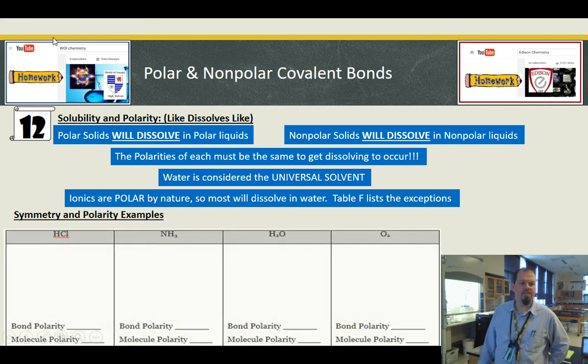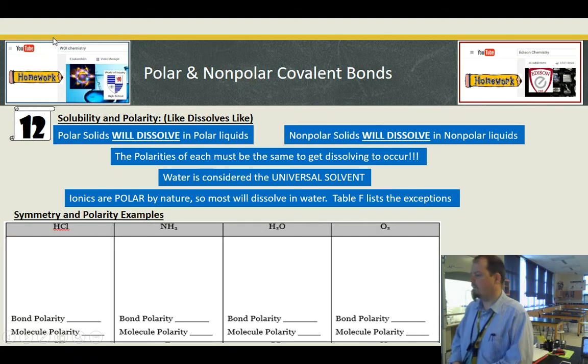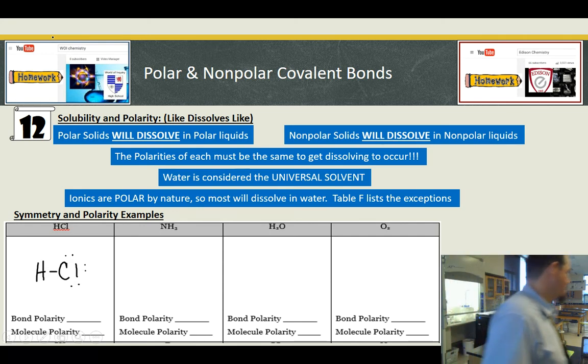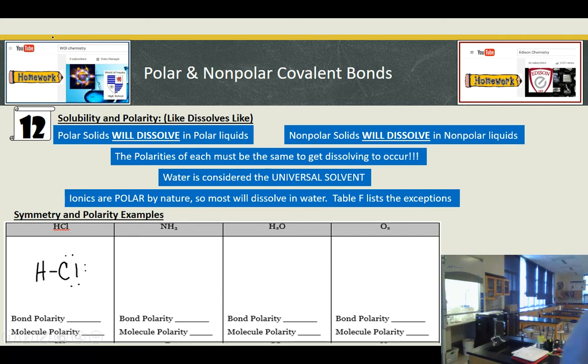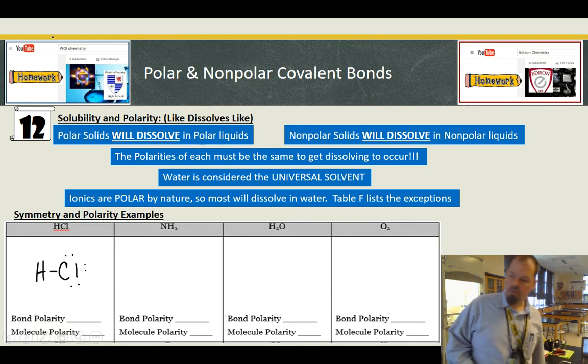Symmetry and polarity examples. Let's draw some and figure out what's going on with bond polarity and molecular polarity. They're two different things. First, HCl. I'm going to draw this fast because we're getting good at it. I've got H bonded to Cl, and I bring in my lone electrons. For bond polarity, I need to look up the electronegativities, and we're going to find that this is polar covalent.